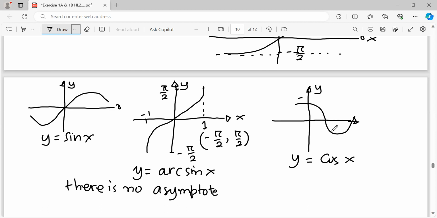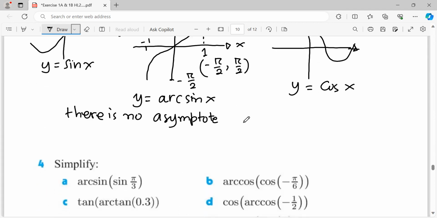There is no horizontal asymptote. How about arc cosine? Arc cosine graph looks like this. Arc cosine. Oh, sorry.